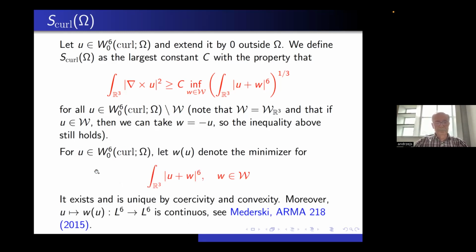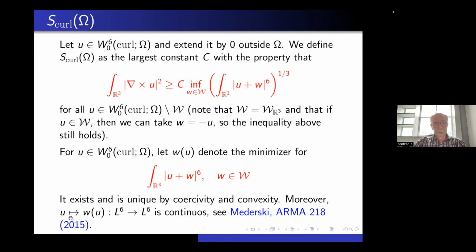So, now taking u here, we take W of u as the minimizer of this expression. And well, it exists and is unique because on L6, this functional is coercive and convex.